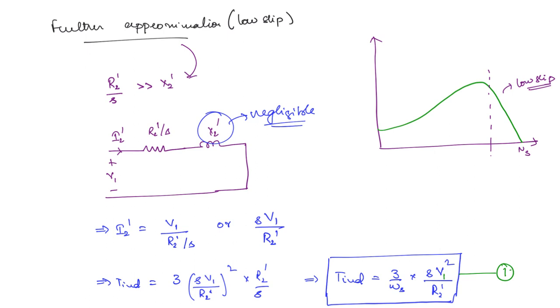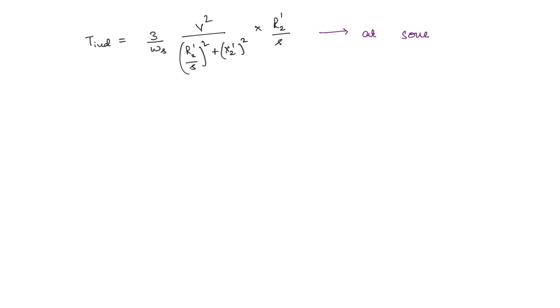This is where we operate, so this approximation is also valid. Finally, one more point which will be useful when you are solving problems. We know the induced torque expression, with the approximation, is 3 by omega S into V square divided by R2 dash by S whole square plus X2 dash whole square, into R2 dash by S. This is at some slip S, some value of S, okay.